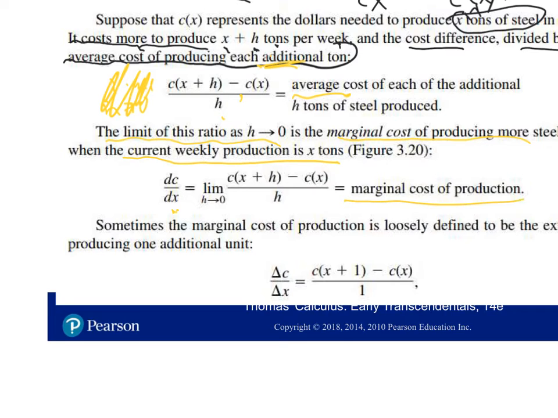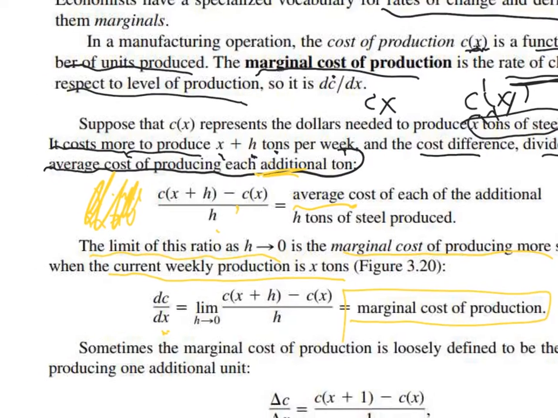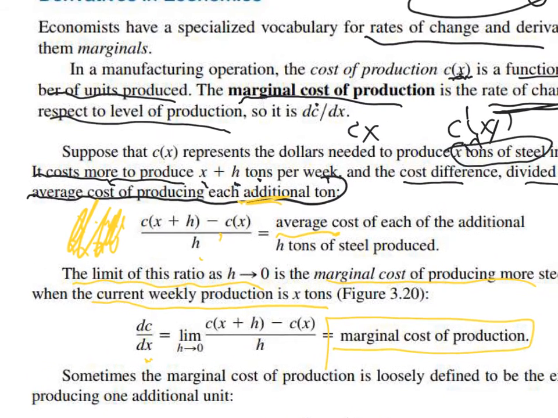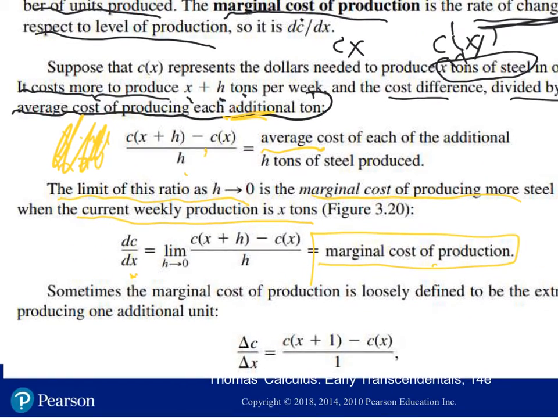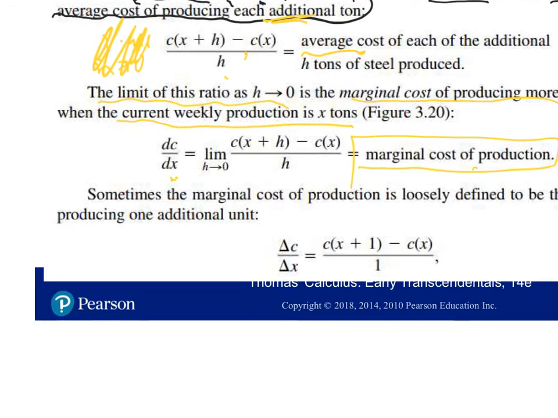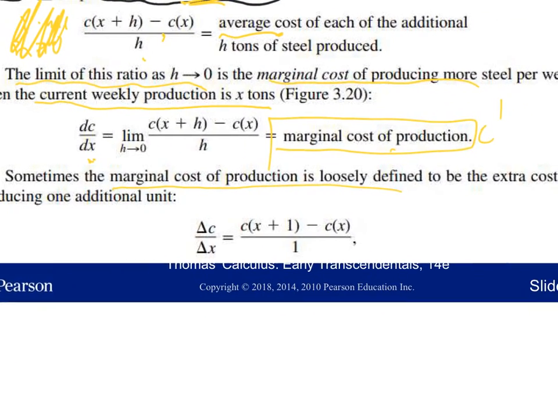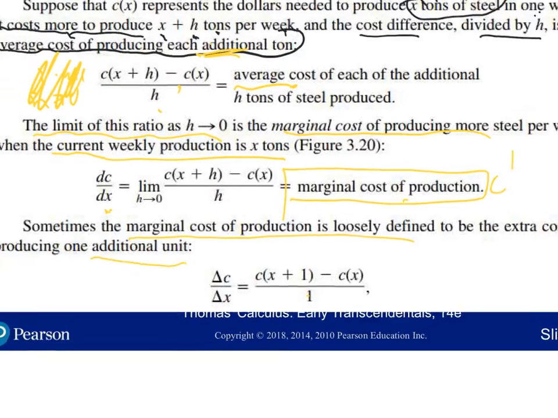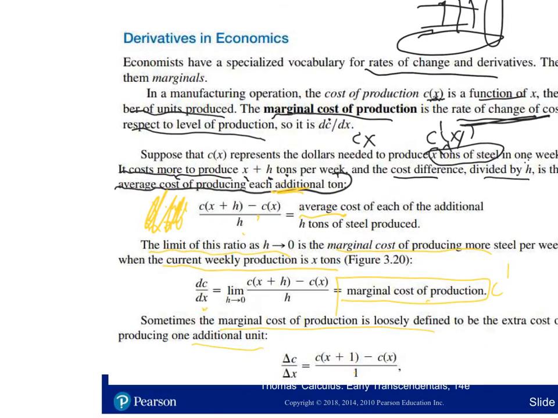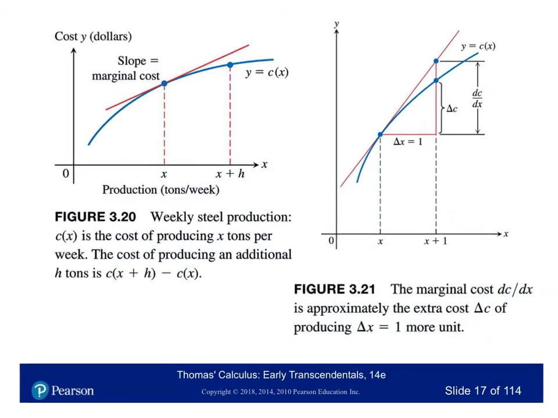That's my marginal cost. So what do we have here? We have the marginal cost is the derivative of C. There it is. That's the derivative of C. Sometimes our marginal cost is loosely defined as producing one additional item. Okay. With that being said, we have C and we have C prime.